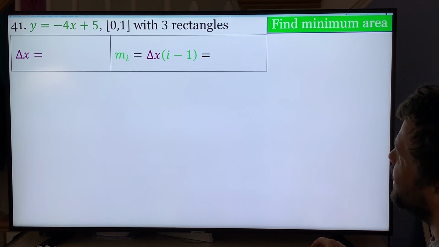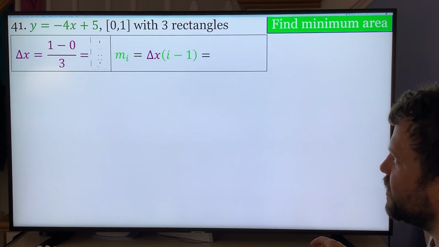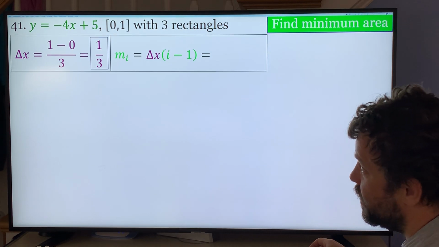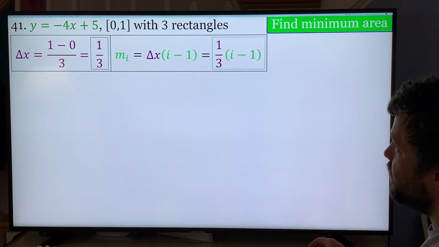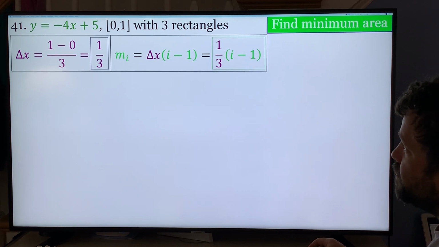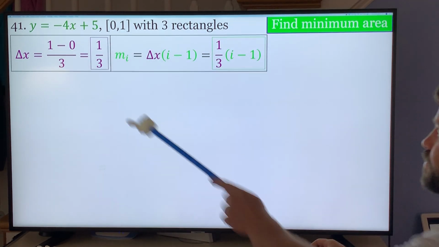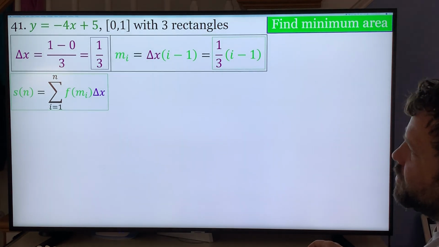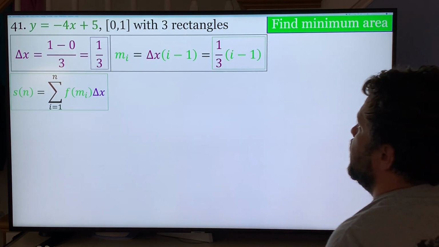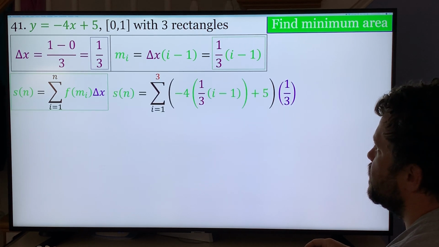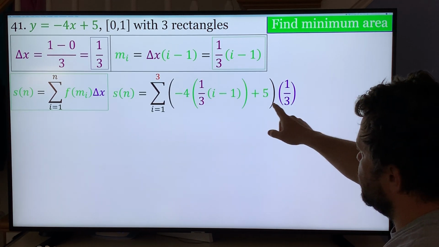All right, so delta x, 1 minus 0 over 3, is indeed 1/3. m_i is 1/3 times (i minus 1). 41 is actually easy. You're going to plug it in there, multiplied by delta x. So negative 4 times 1/3 (i minus 1) plus 5, times 1/3.